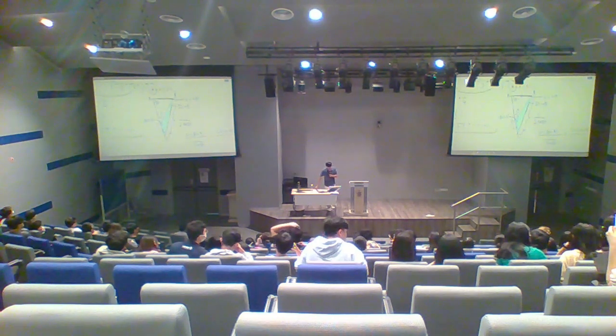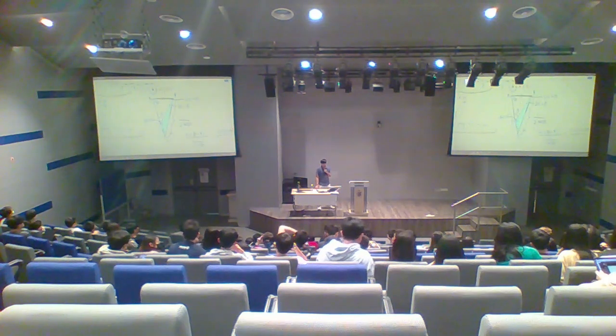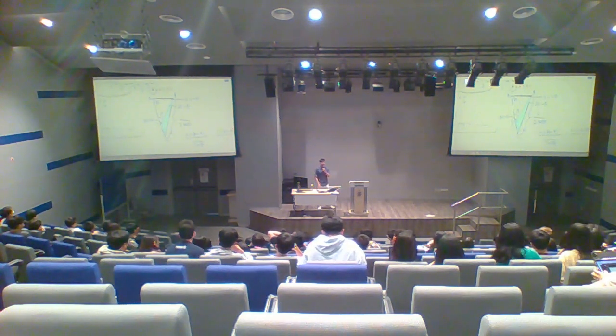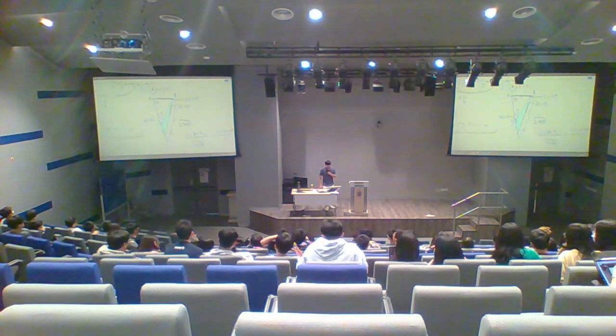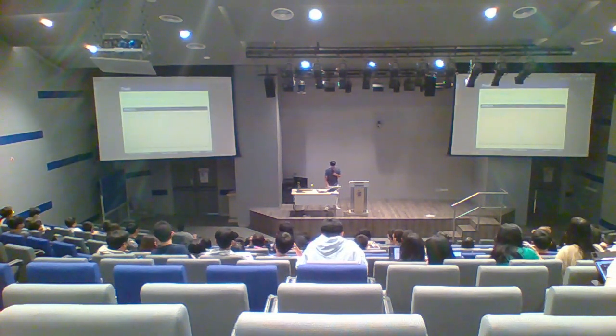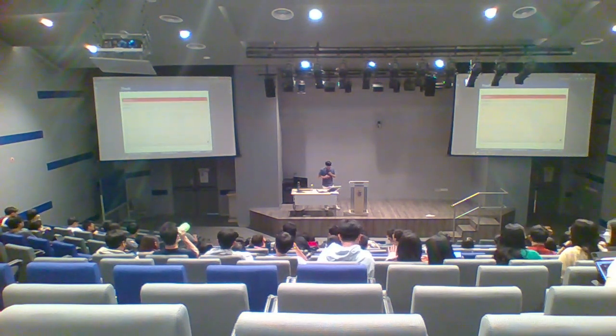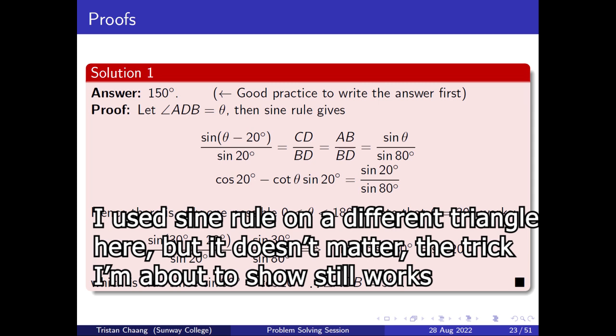Right? However, if you play around with this equation, it's quite hard to solve what exactly sine theta is. You will solve a lot of quadratic equations and so on. So the point is, you wrote out a sine rule equation, but it's quite hard to solve for theta. So in fact, you just have to look at these two lines. The sine rule gives, then there are 4 chunks of things over there, right?